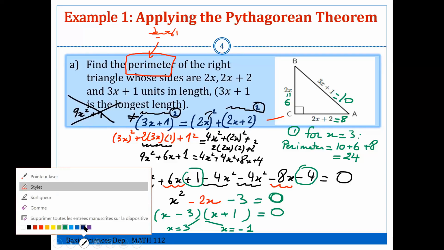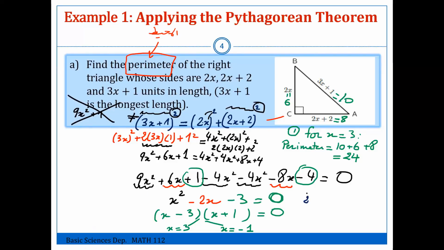The second candidate is x equals -1. What happens in this case? If we replace x by -1, here it gives -2. Is it possible? No, because length is always positive.